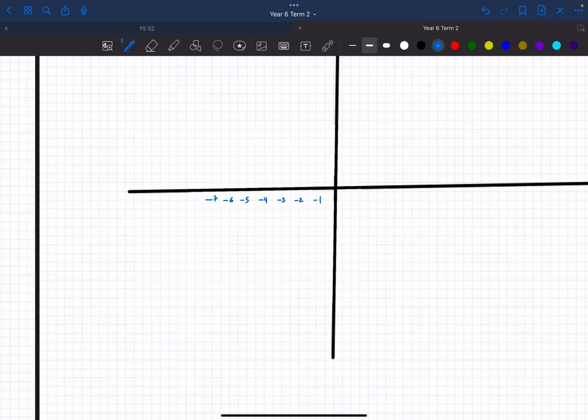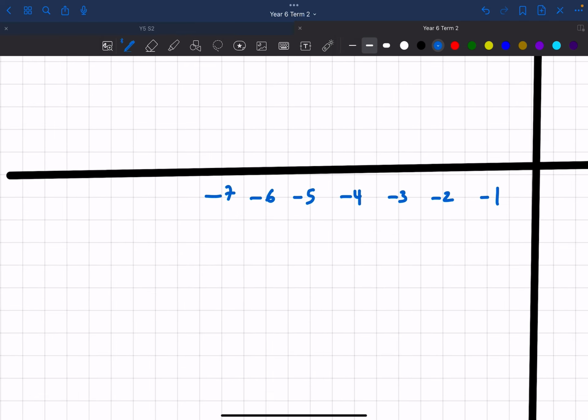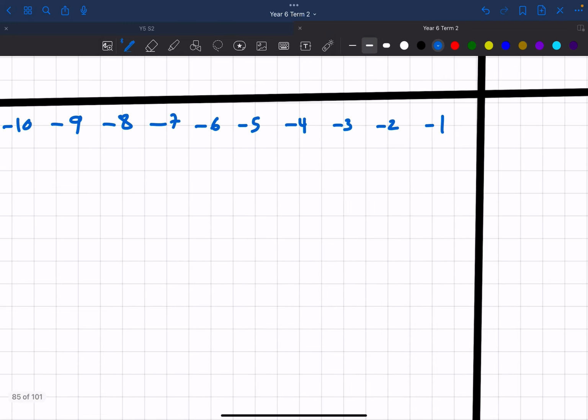And here, let's continue. And here, -1, -2.